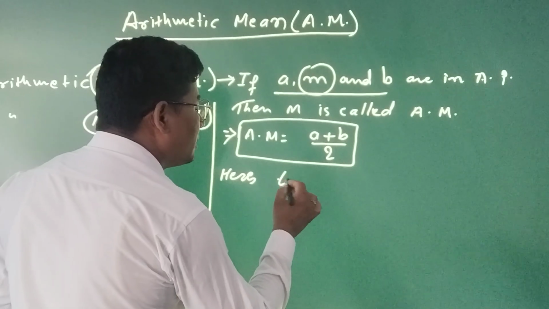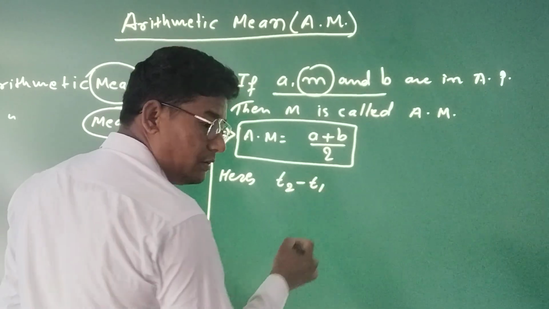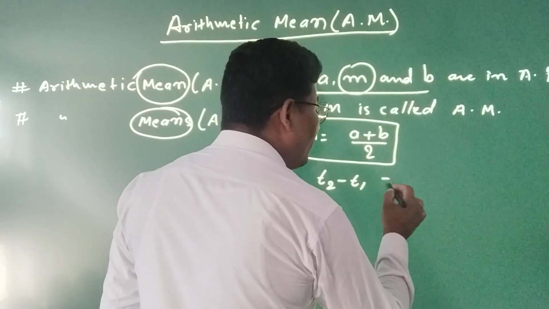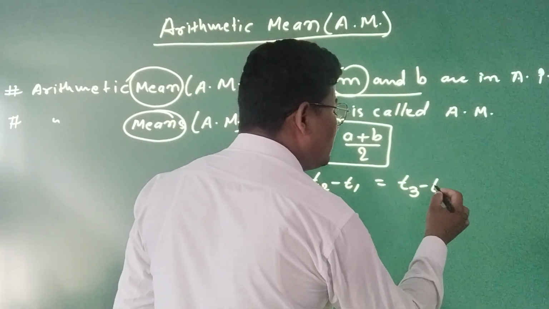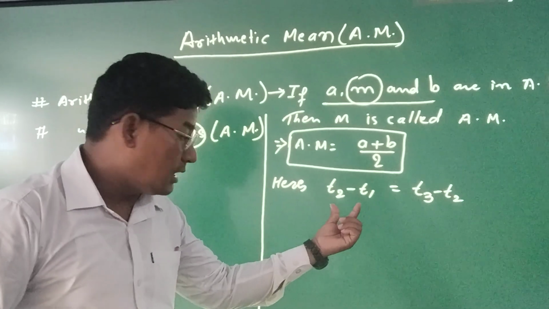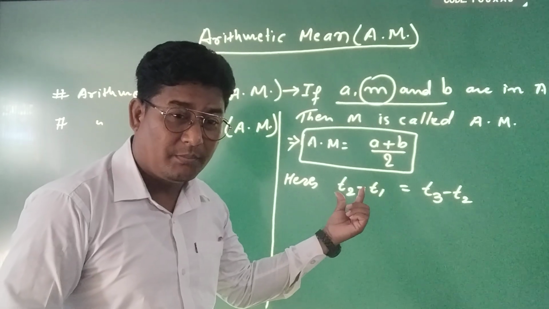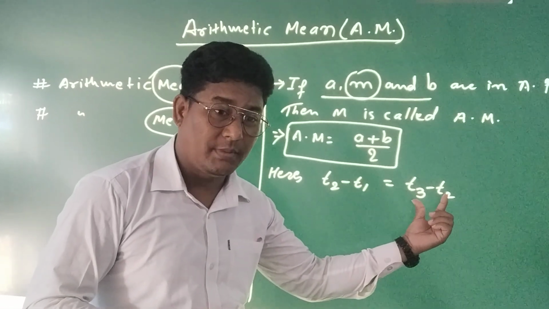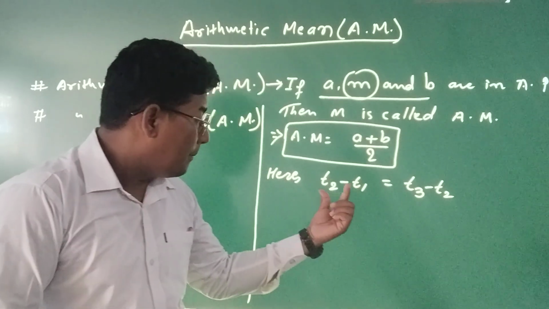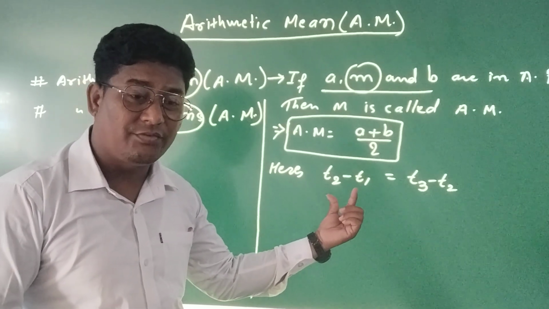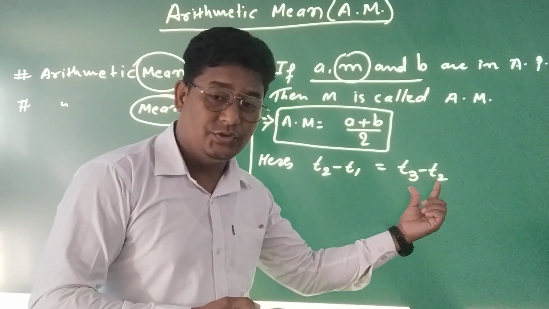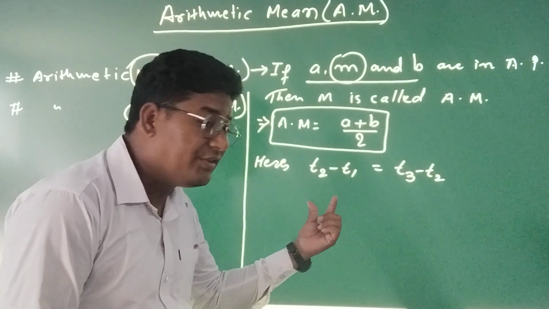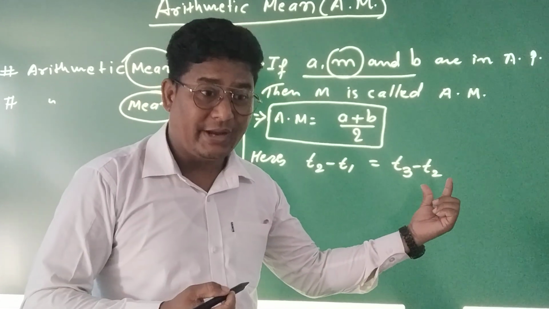Common difference means T2 minus T1, or T3 minus T2 also. This is succeeding term minus preceding term. By using either formula you can find the common difference. So difference equals difference. Can we write that?